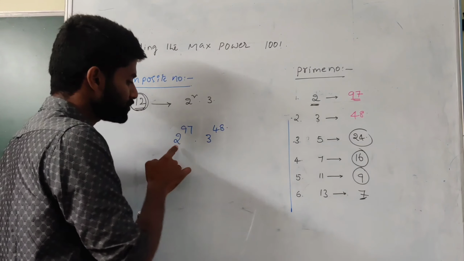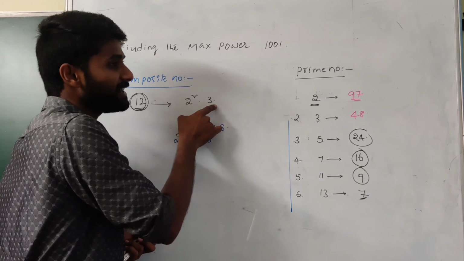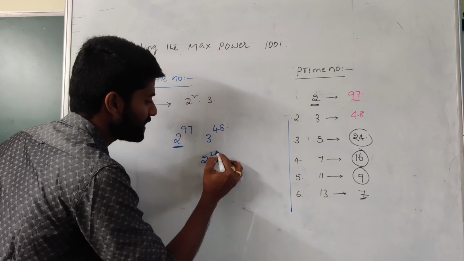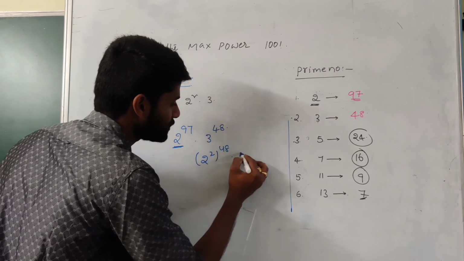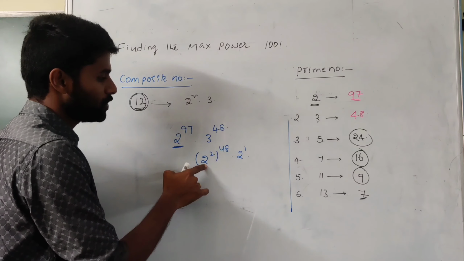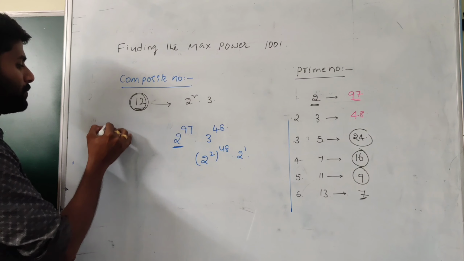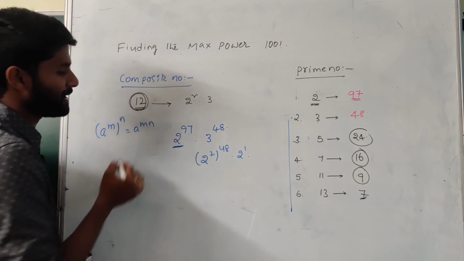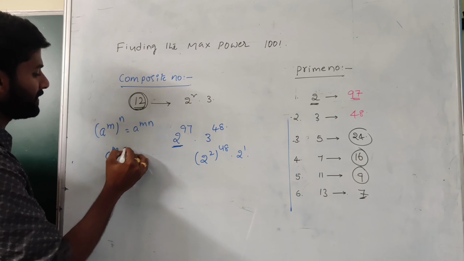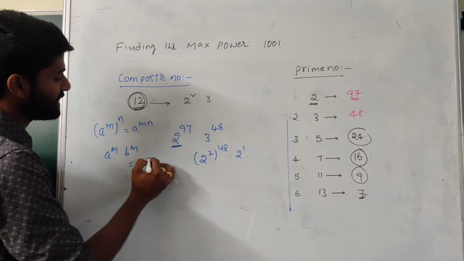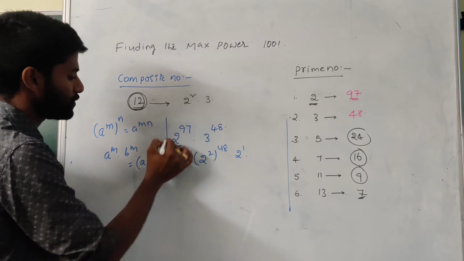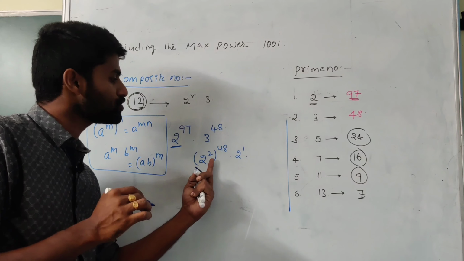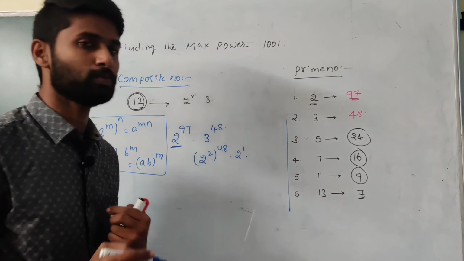Out of these two, we require 2 square and 3 together. It means you need to write this value as 2 square whole power 48 into 2 power 1. See, 2 square whole power 48: we have a property (a power m) whole power n is exactly equal to a power mn. And one more property, a power m into b power m can be written as ab whole power m. So based on these properties, you can split 2 power 97 into 2 square whole power 48 into 2 power 1.